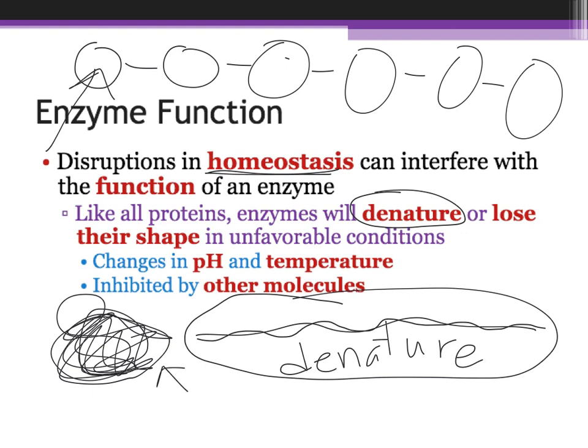And what happens if we have too high temperatures, not the right pH, it can go back into this. Actually, this is called the primary structure of an enzyme. Going back to what we talked about with primary, secondary, tertiary, quaternary, when we talked about trophic levels on a food chain, we use those same words to describe protein folding.